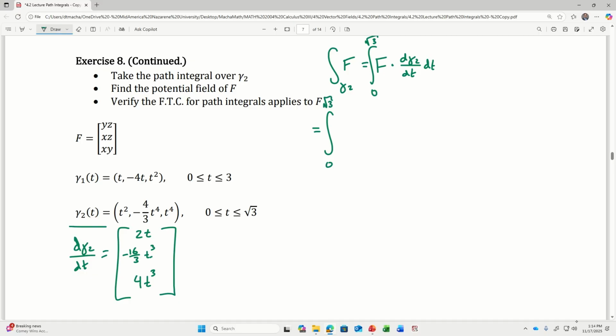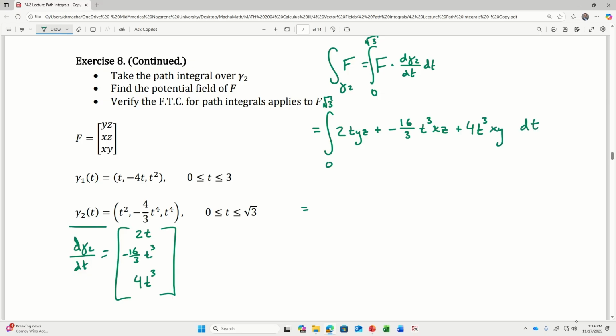So in the dot product, I've got yz times 2t plus xz times -16/3 t cubed plus xy times 4t cubed.